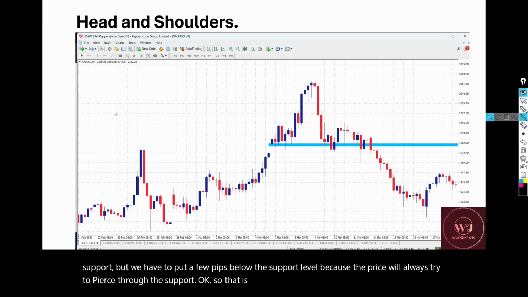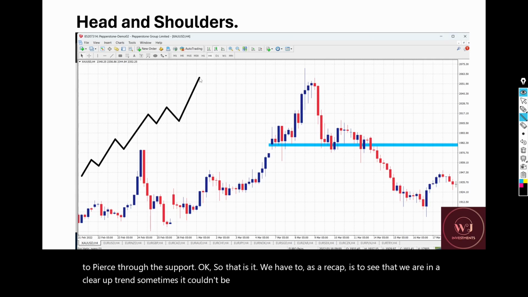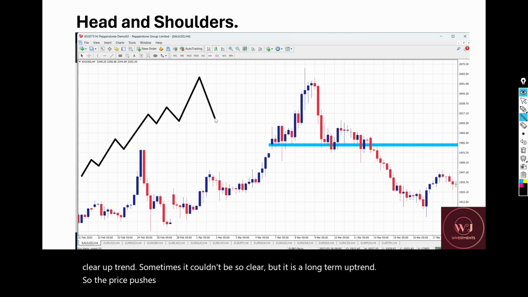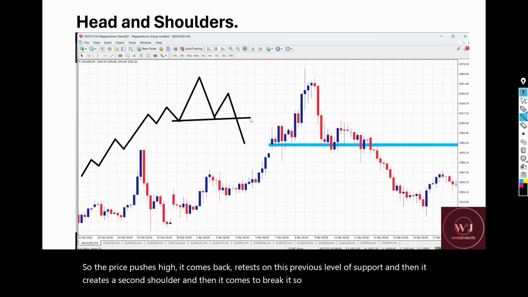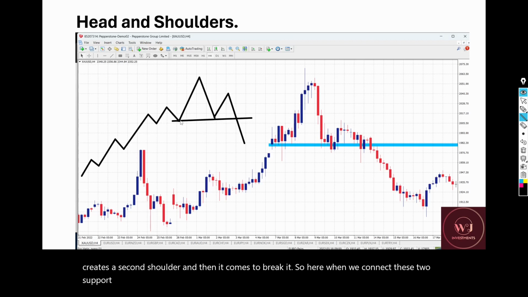As a recap, we have to see that we are in a clear uptrend. Sometimes it couldn't be so clear, but it is a long-term uptrend. So the price pushes high, it comes back, retests on this previous level of support, and then it creates a second shoulder, and then it comes to break it. So here, when we connect these two support levels, the support level from the first shoulder and the support level from the second shoulder, we create what we call the neckline.